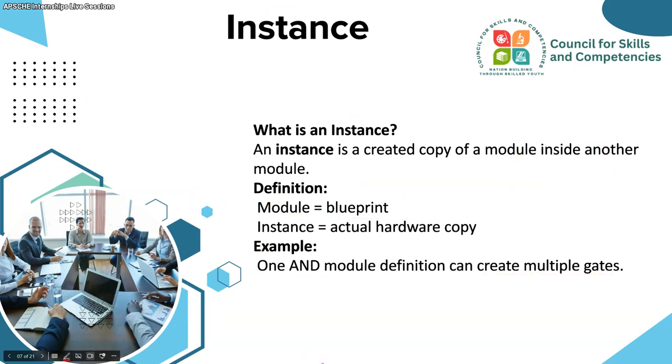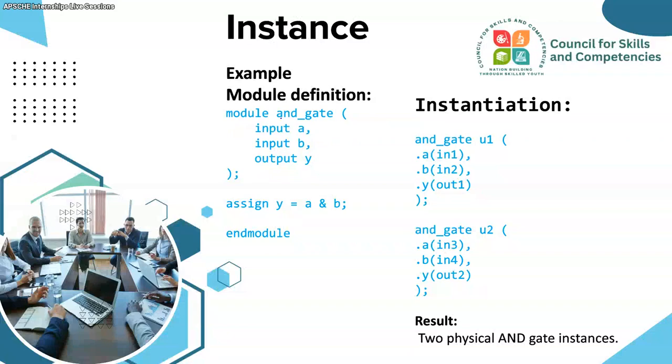How are we going to create it? For example, I have an AND gate as a module. Now how can I instantiate it, and how will I make this module work? This is the module name.